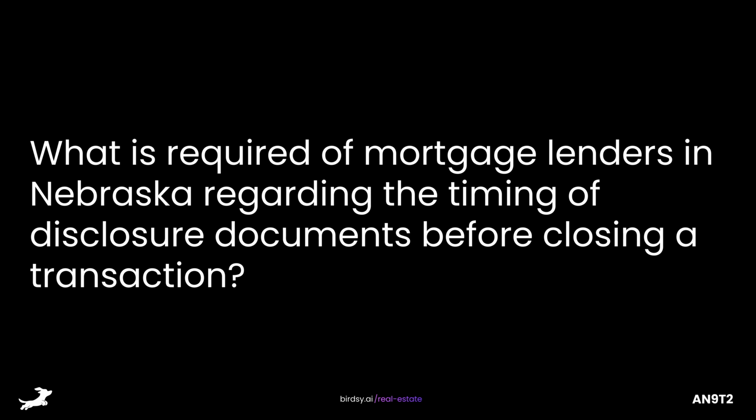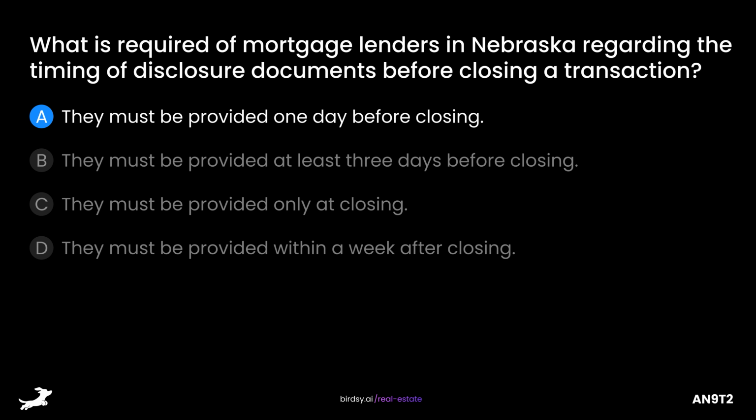What is required of mortgage lenders in Nebraska regarding the timing of disclosure documents before closing a transaction? Is it A, they must be provided 1 day before closing; B, they must be provided at least 3 days before closing; C, they must be provided only at closing; or D, they must be provided within a week after closing?